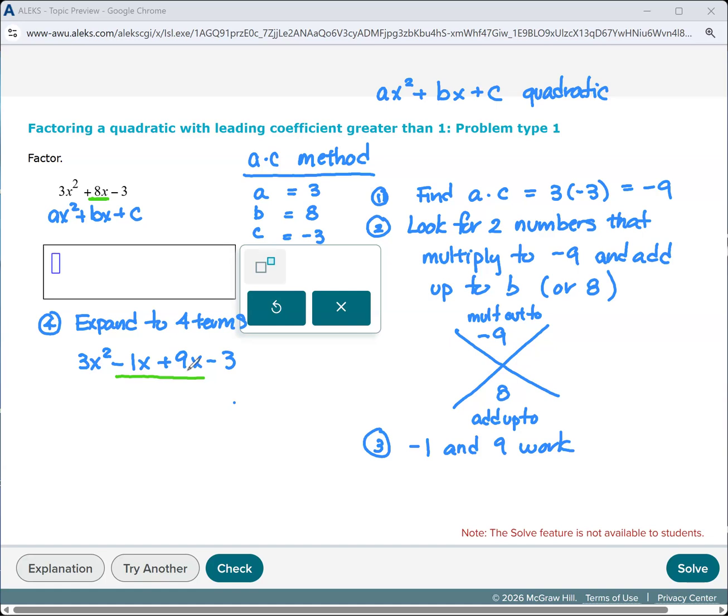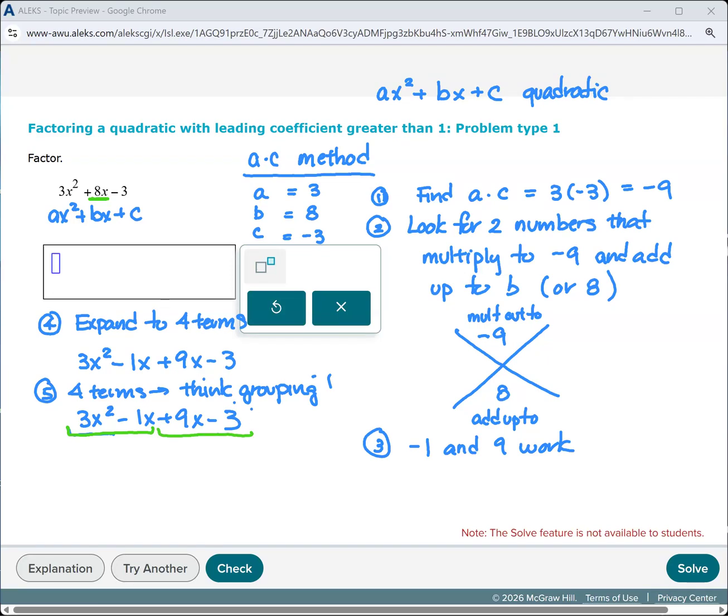Now that I've expanded to 4 terms, I should think grouping. If I rewrite what I have here, 3x squared minus 1x plus 9x minus 3, my first group is here and my second group is here.